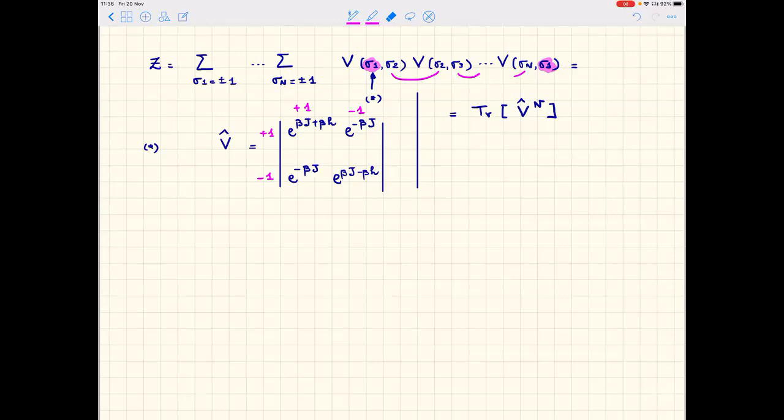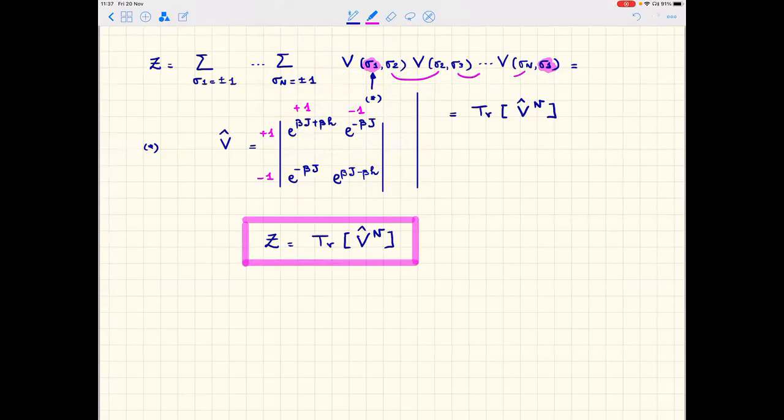So what I just discovered is that with periodic boundary conditions, the partition function is equal to the trace of this 2 by 2 matrix V to the power n. By the way, the matrix V is called the transfer matrix.